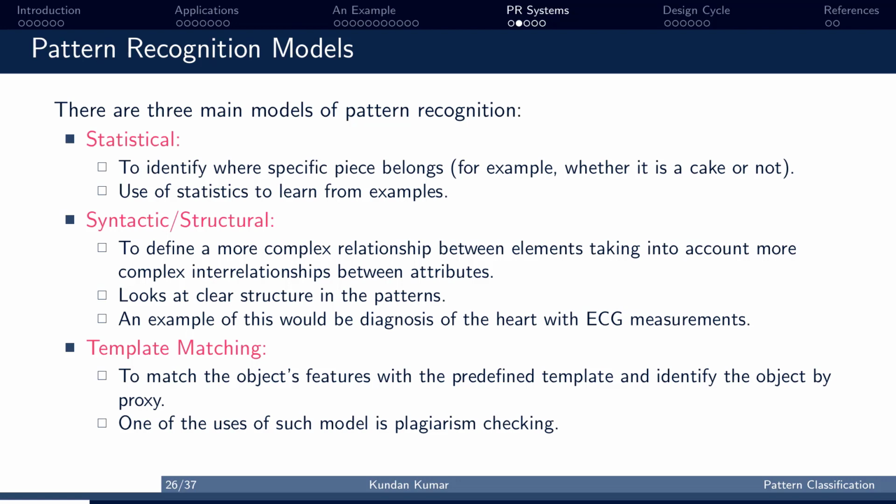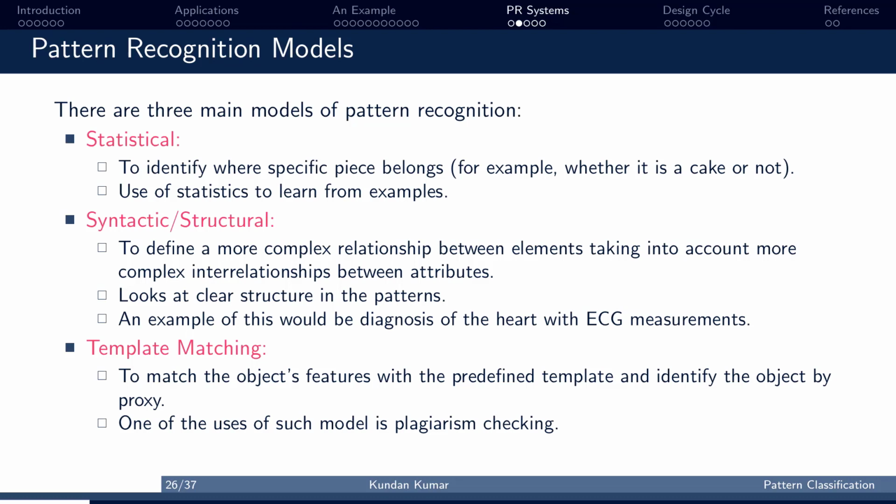If the model is able to recognize the object, then we can say that it is a statistical model, because it uses the statistical features, the distribution of the data in that object. So a statistical pattern recognition model identifies the specific object in the image.